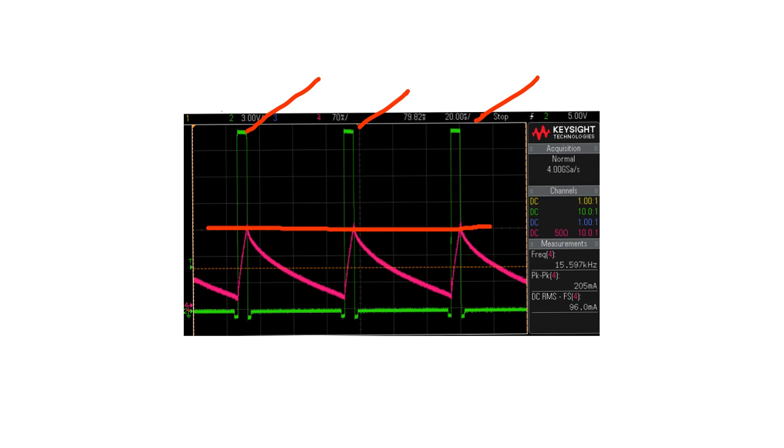My current value is low, and then if you apply a voltage, it will increase. If you stop the duty cycle, at this moment the current starts to reduce. Your current waveform looks like this: increasing at the moment voltage is applied, decreasing at the moment no voltage is applied.